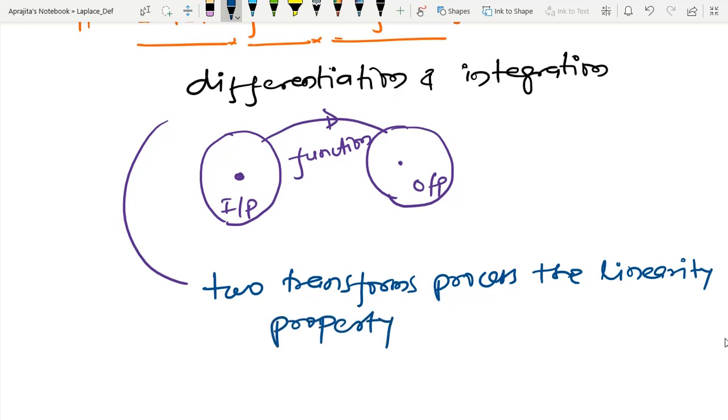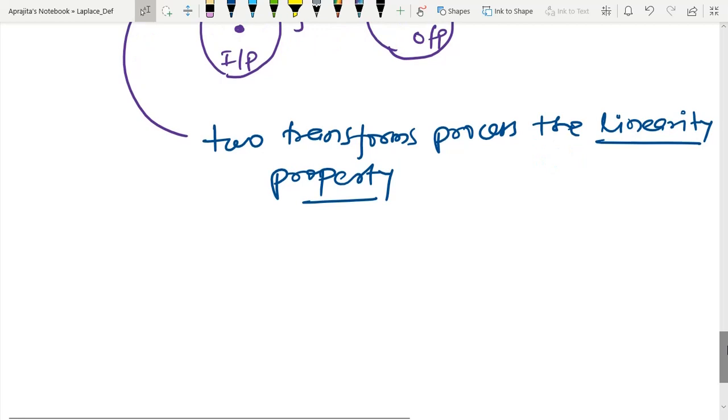And we have already seen that if something will satisfy the linearity property, then automatically I will get a lot of simplified beauty of that particular quantity, because if something is linear, then there is no need to worry too much about that.